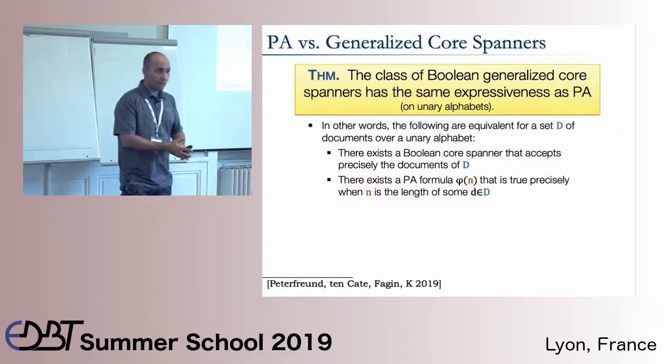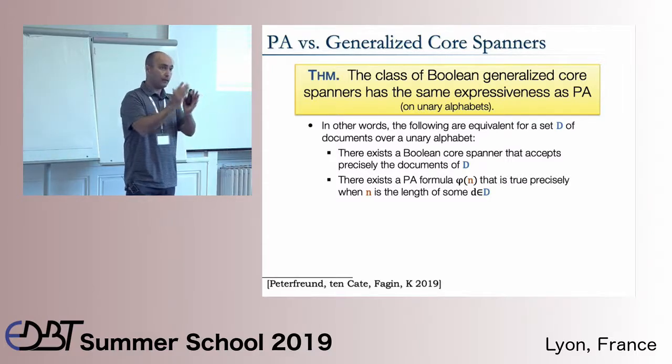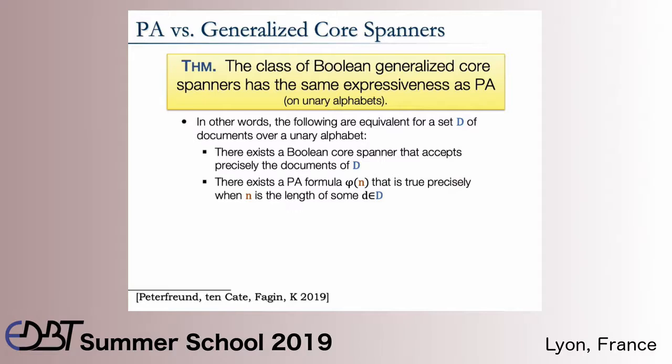To be more precise, the following statements are equivalent for a set D of documents. First statement: there exists a Boolean generalized core spanner that is true precisely on every document in D. Second statement: there is a formula in Presburger arithmetic that is true precisely when the length of the document satisfies what the formula is stating.